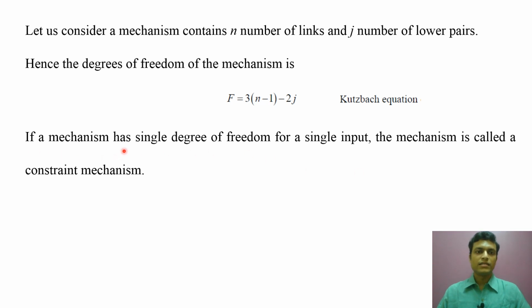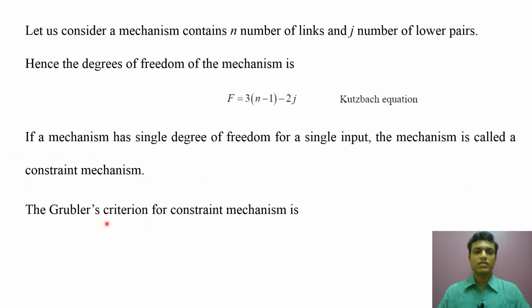If a mechanism has single degree of freedom for a single input, the mechanism is called a constrained mechanism. And this condition is given by Grubler's criterion. So what will Grubler's criterion of a constrained mechanism be?